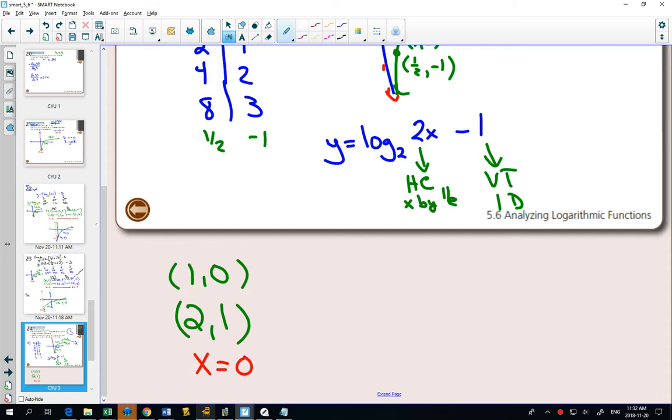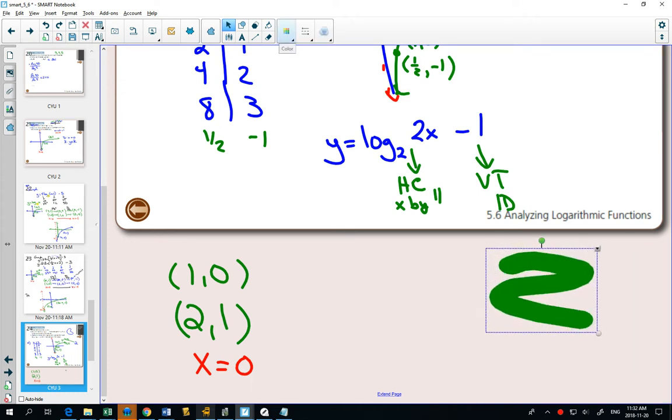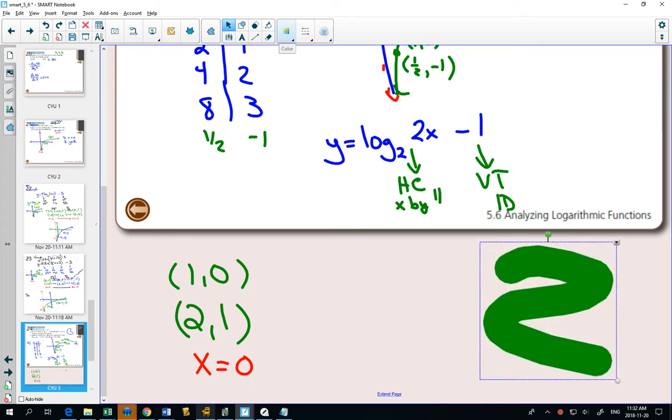I think it's supposed to be 1/2 on the bottom. It's a 1 E. That is a 2. Oh my goodness. It does look like an E, but in my defense, that is a 2. There's proof.